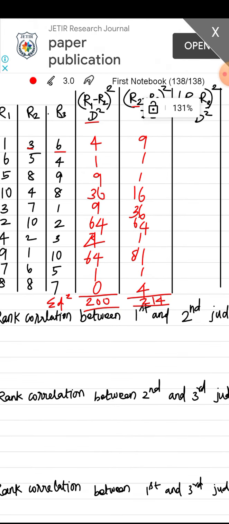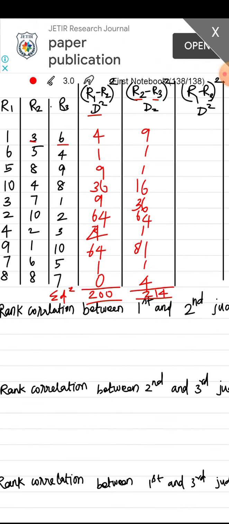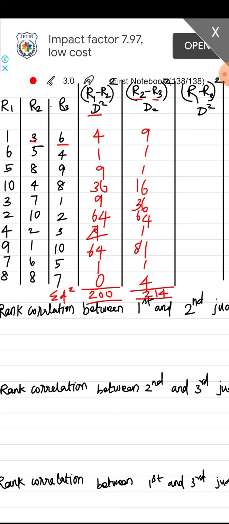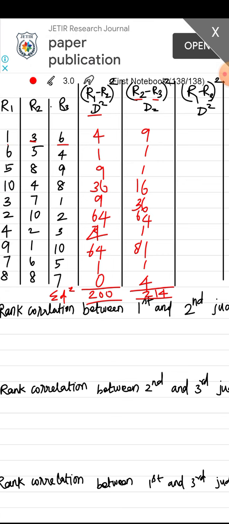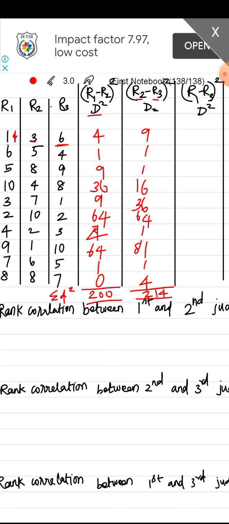Next we have to find the value of r1 minus r3 the whole square. So 1 minus 6, that is minus 5.